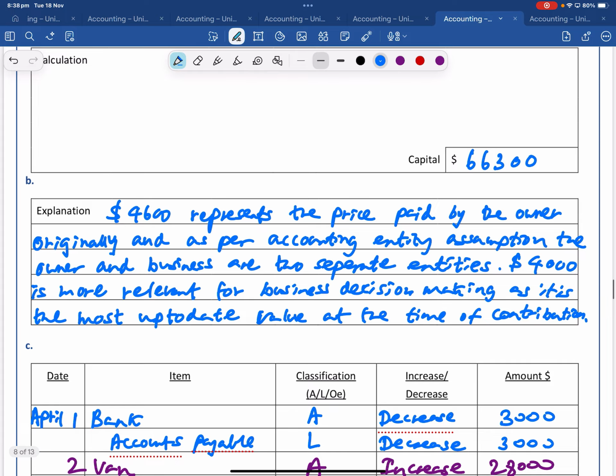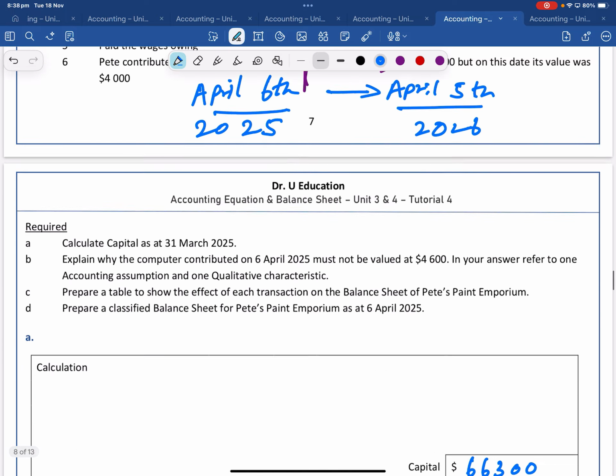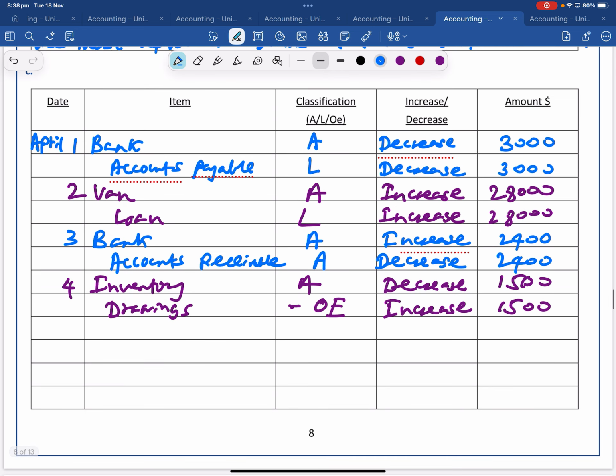Next one. Paid the wages owing, what happens? Wages owing decreases. Cash bank. Bank asset decrease. Now remember, wages owing was current liability, so liability decrease.